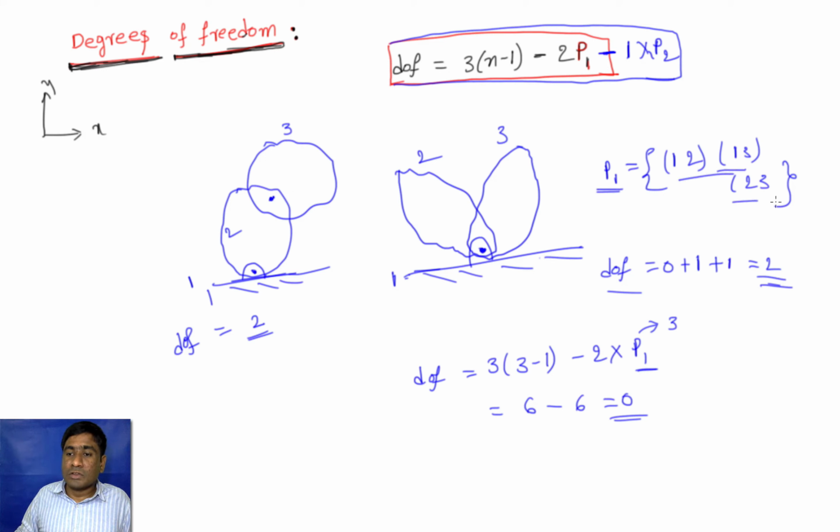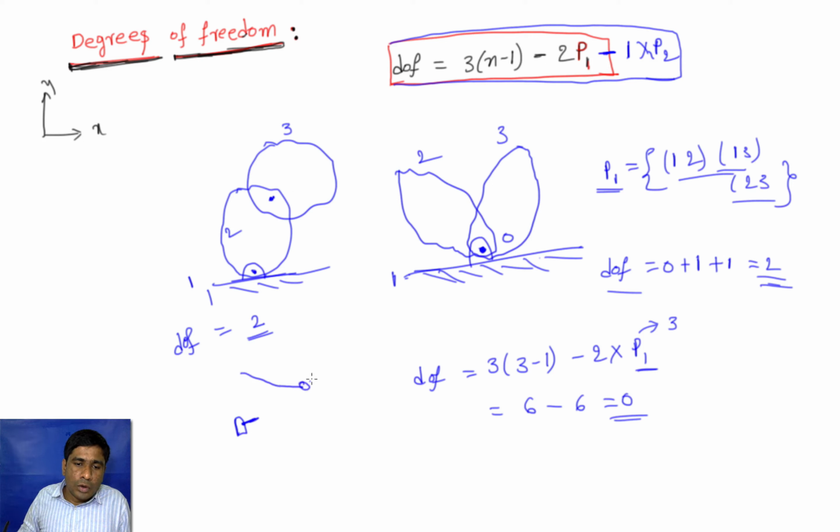So that means the number of pairs that we calculated here is wrong. We should remember this. Don't be tempted to calculate the number of pairs here as 3. Why? Because here we are using only one hinge joint at the point O. With one hinge joint, we are connecting all three bodies.